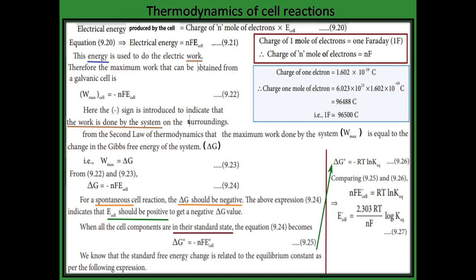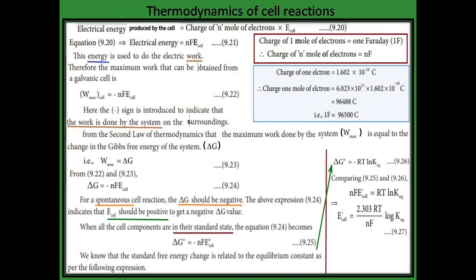Now see the blue color box. The charge of 1 electron is 1.602 into 10 power minus 19 coulomb. Charge of 1 mole of electrons: 1 mole means how many? 6.023 into 10 power 23. Then multiply with the charge of one electron, 1.602 into 10 power minus 19 coulomb.